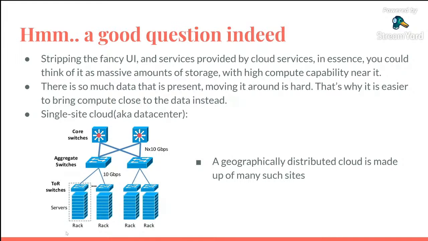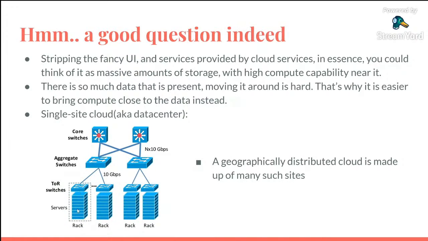Over here you can see a single-site cloud, or a data center, that I've been harping about for the past 5 minutes. Each of these boxes would be a server, which contains CPU, RAM, hard drives, and so on and so forth. Each of these is stacked together and can be put into a rack. Now, a rack is nothing but a bunch of servers interconnected using a network switch.